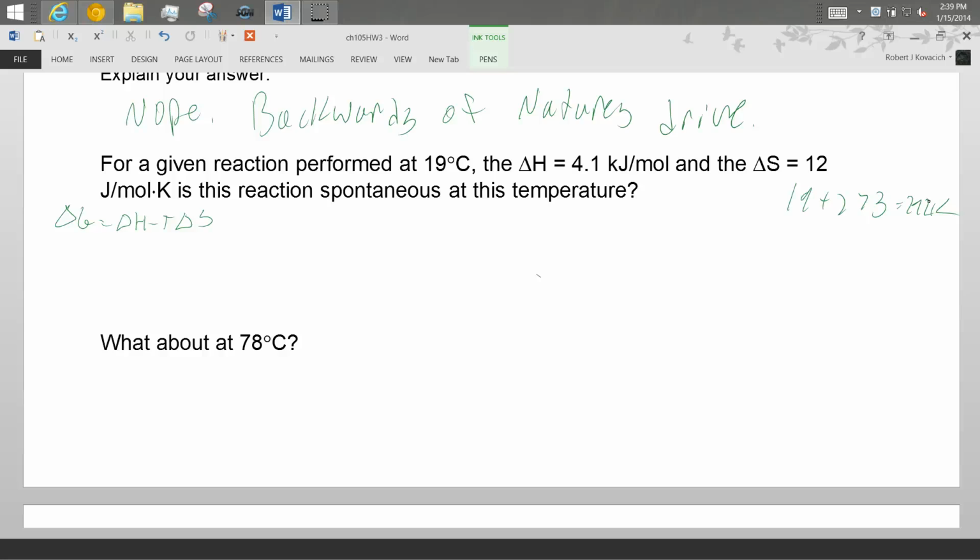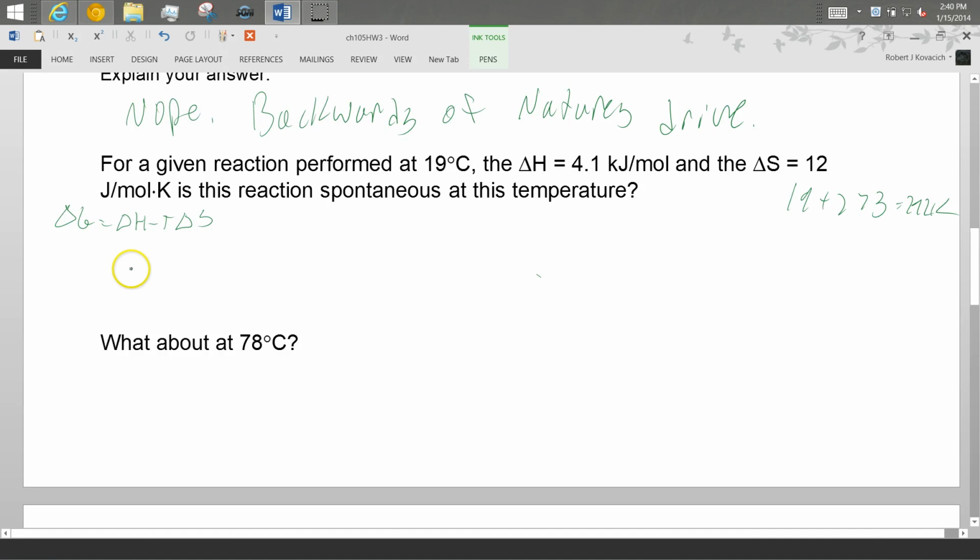And the S is in units of joules per mole. So you either have to have them both be kilojoules or both be joules. I'm going to make them both joules because it's easier to make the kilo number bigger. So what would 4.1 kilojoules turn into if I made it joules? 4,100 joules. Just move the decimal place over 3 spots.